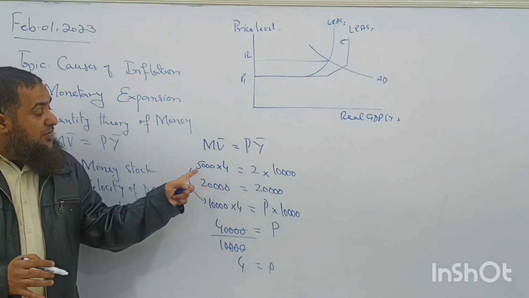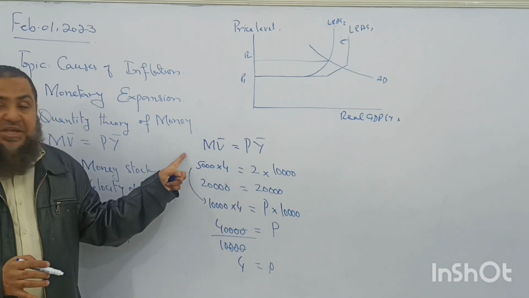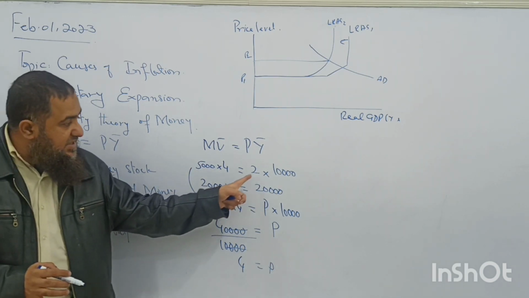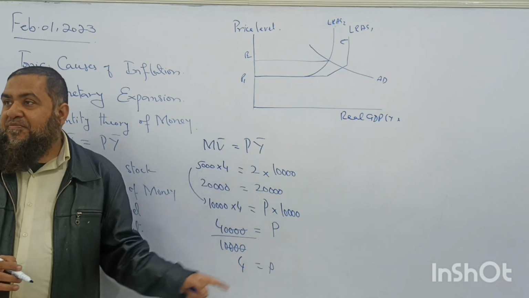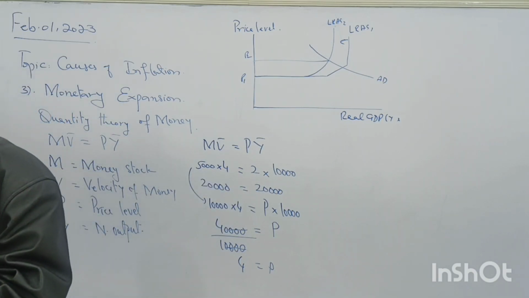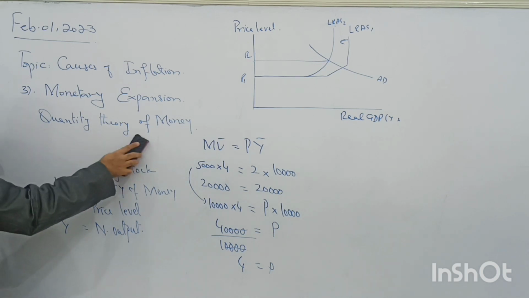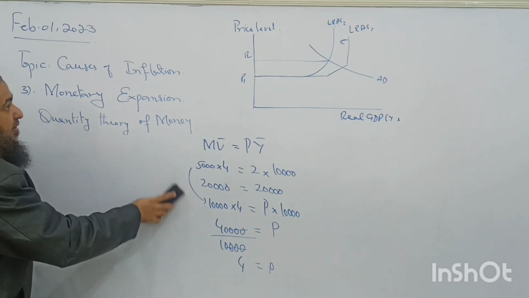Now when the money supply, money printing, is doubled by the central bank, prices have also doubled. So any change in money supply will change the general price level because velocity is fixed and the level of output is also fixed. I am going to draw the diagram of this. Keep it in mind.